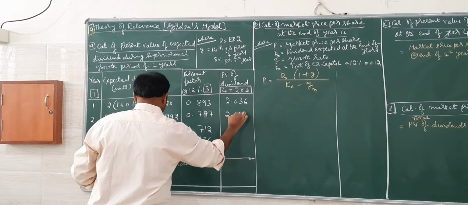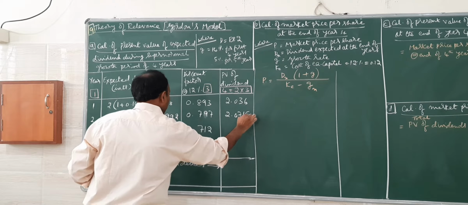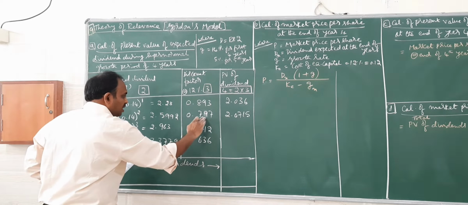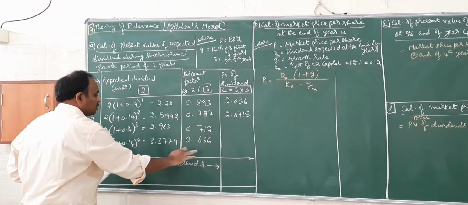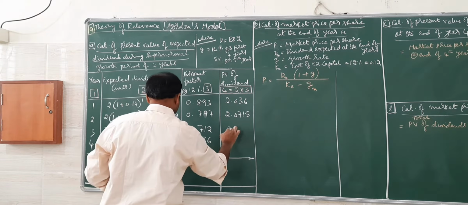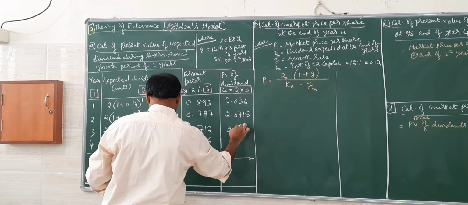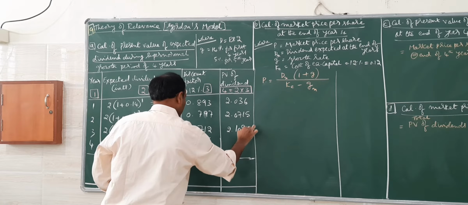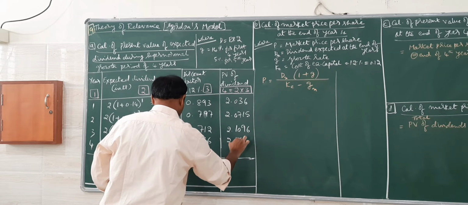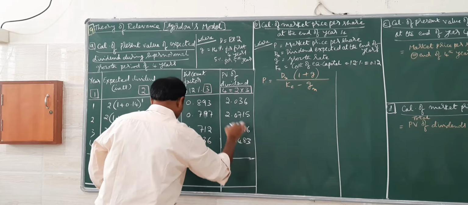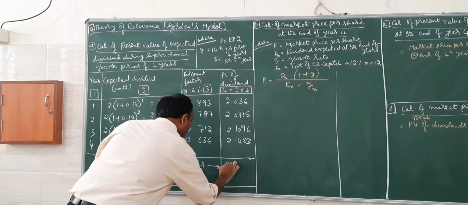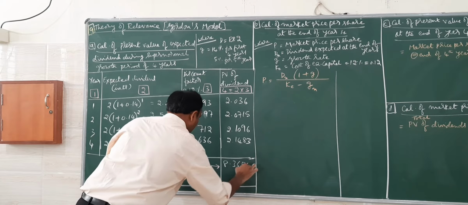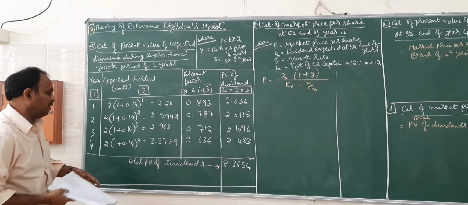So next one, multiply 2.5992 into 0.797. Similarly calculate here also. Add all the dividends for 4 years, 8.3459.